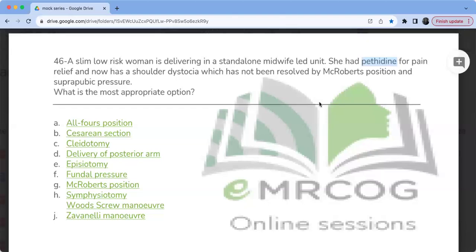You think that a midwife will do episiotomy and internal maneuver with a woman in a standalone midwifery unit? I'll tell you another one, okay? My friends, if a woman had a cord prolapse and she's in a hospital, will you manage differently if this woman is in the midwifery unit, in the standalone?